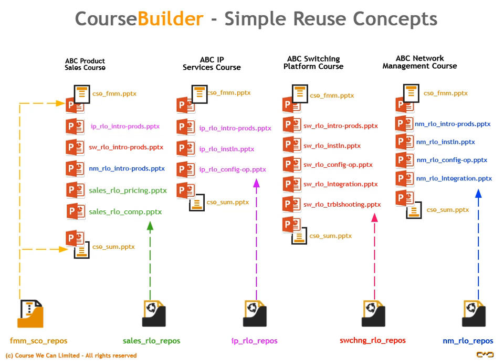Any changes carried out on the RLOs later will also be reflected across all courses that have reused those files. Once a sales developer adds administrative details via the course properties form on CourseBuilder, such as course title, course description, and course objectives, they can then publish the course. It is as simple and efficient as that.